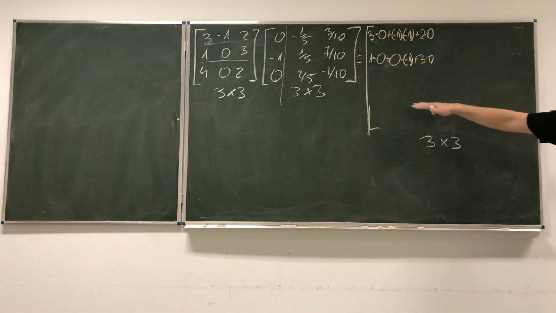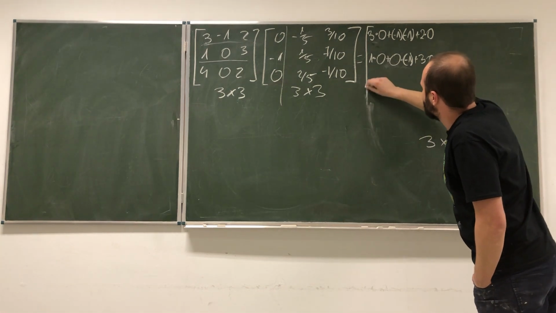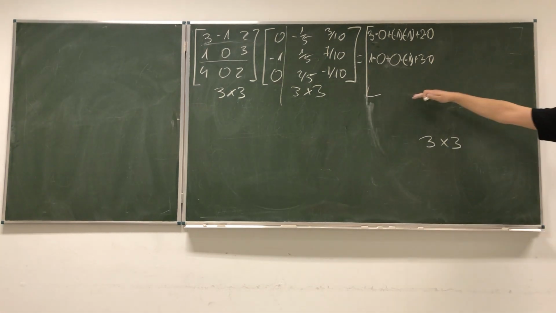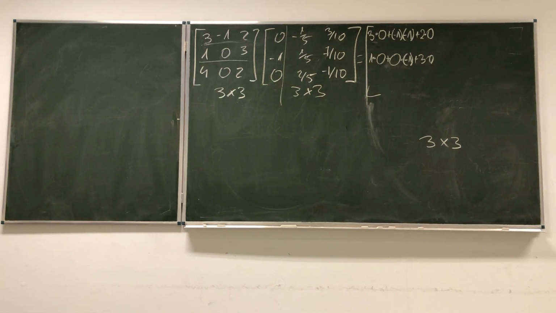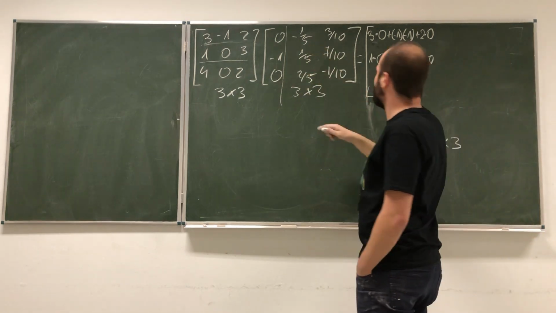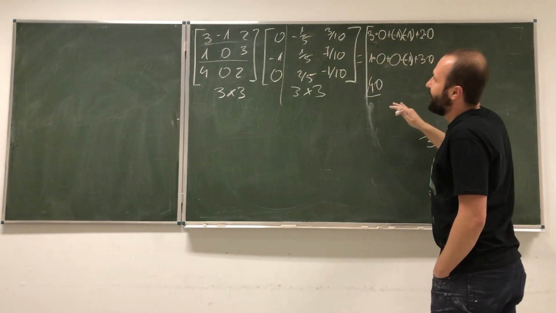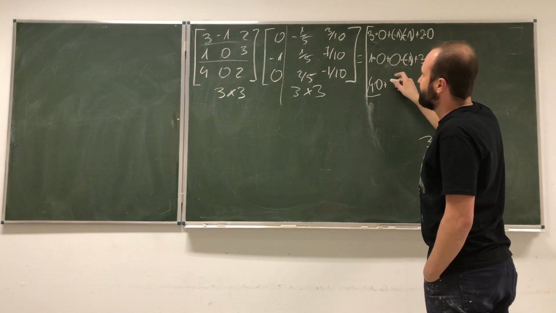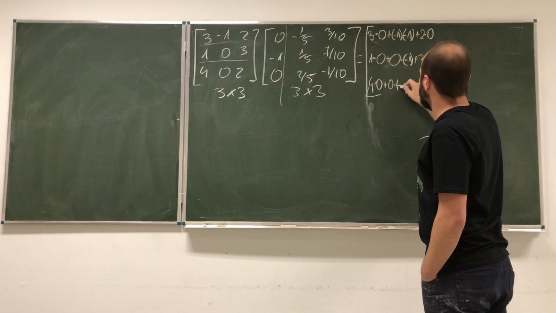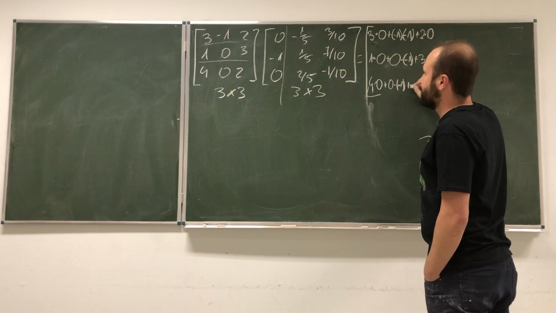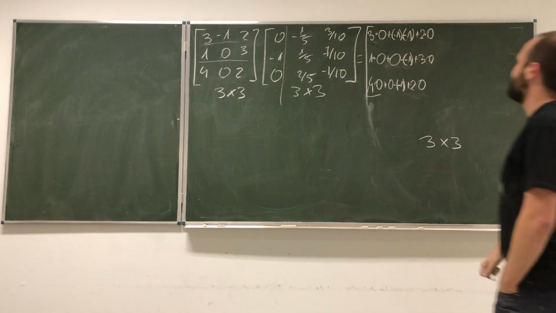Then I'm going to find the last element, the element that should be over here. So this element lies in the third row, first column. So I'm using third row, first column. This is 4 times 0 plus 0 times negative 1 plus 2 times 0.